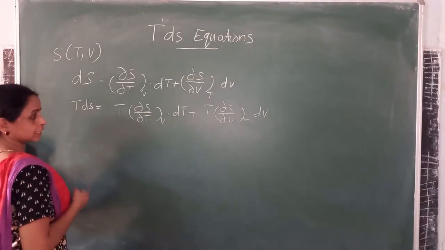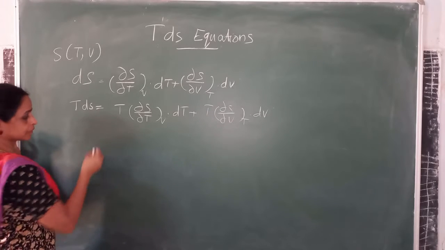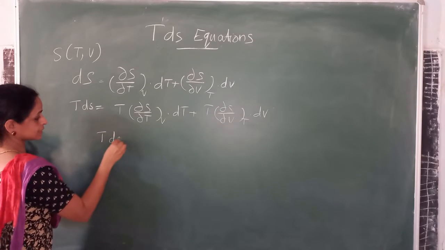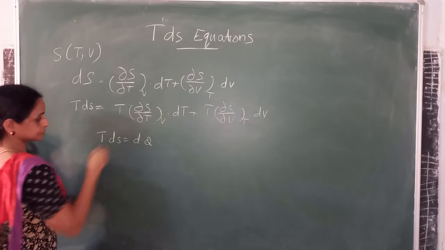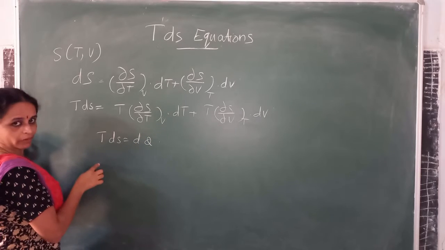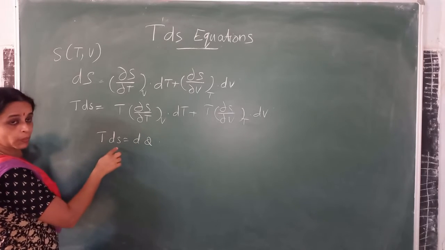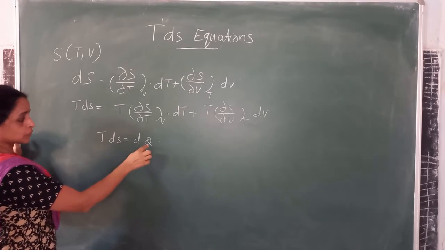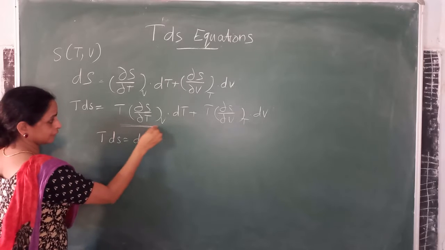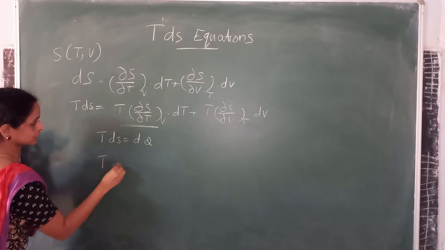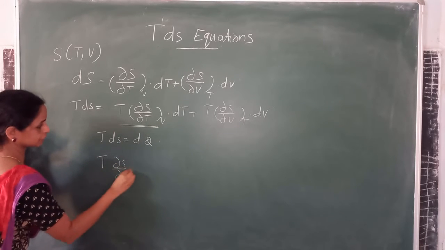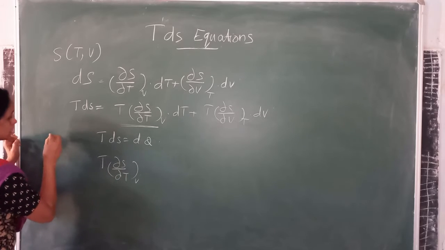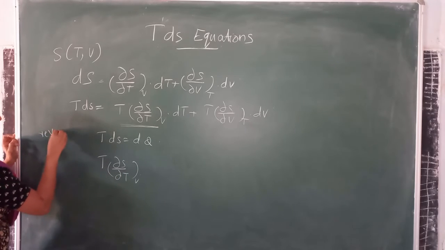But we know that for a reversible process, TdS is equal to dQ. This equation we have already derived. For an isochoric process, TdS equal to dQ, so this one we can write as T into ∂S by ∂T at V. This is for a reversible isochoric process.